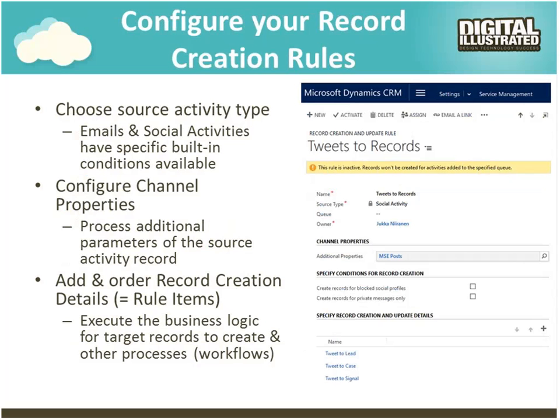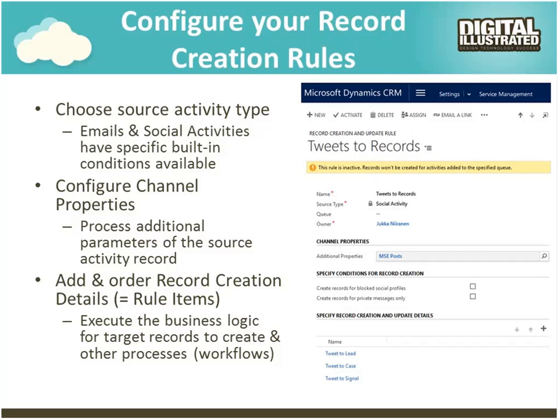For example, you can see we have the option to create records for blocked social profiles, yes or no, and the same thing for private messages, something that is specific to the channel in question. Then we have the channel properties in the middle there, where you can see the MSE post records. That's again something where we can configure the specific handling of the message payload for this particular channel.